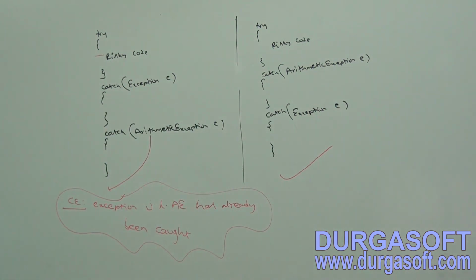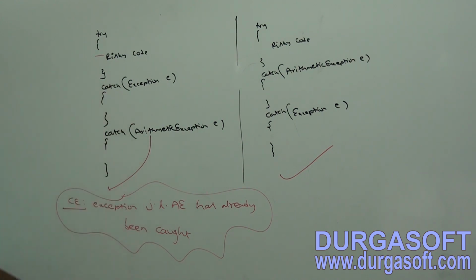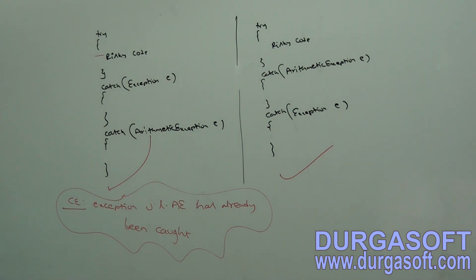This is the compile time error we are going to get. We have to take child to parent, but not from parent to child. By mistake, if you take from parent to child, we are going to get a compile time error.